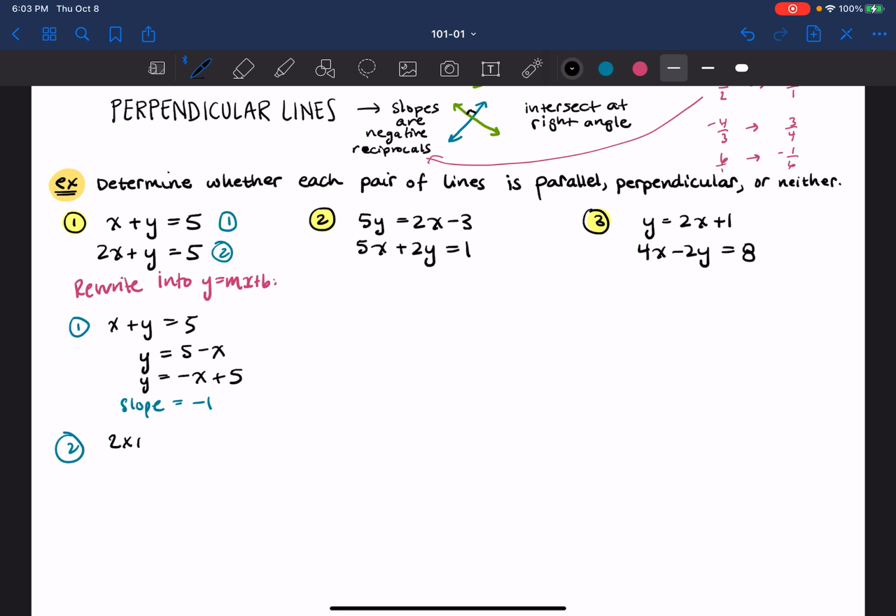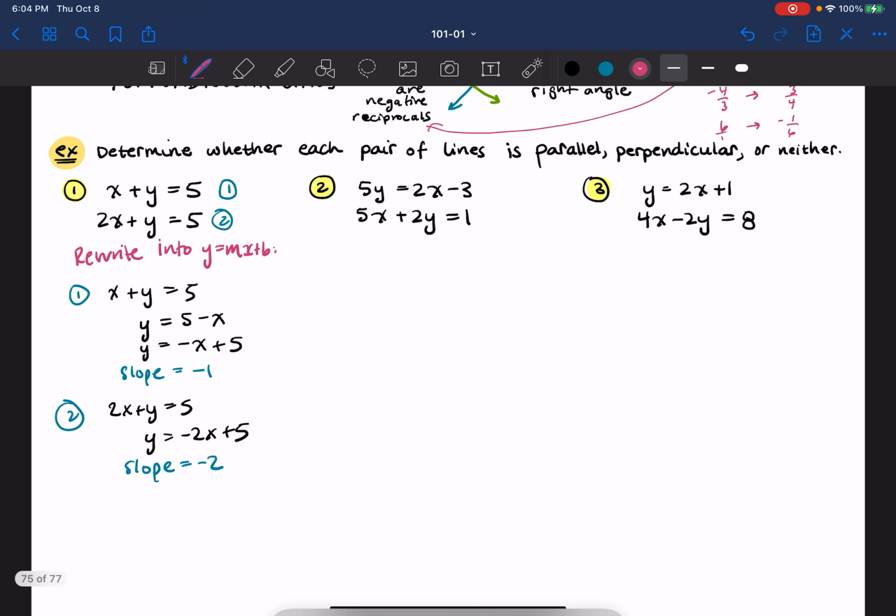You've got 2x plus y equals 5. We're going to solve for y, so I'm going to subtract 2x from both sides. And so here we get the slope equals negative 2. Now these are not the same slope. They are also not negative reciprocals of each other, and so the answer to this question will be neither. They are just two lines that will intersect somewhere, but not in a special way.